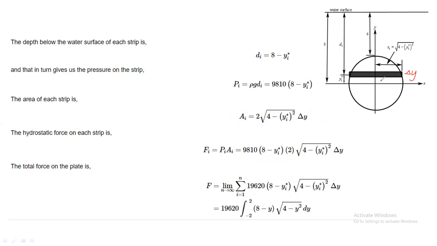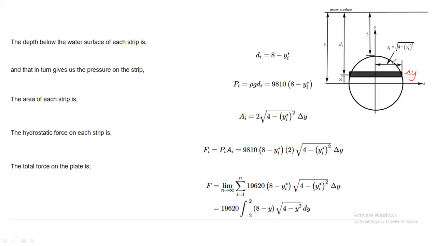Now the area, this is the area of the strip. So what's the area of the strip? It's twice the square root of 4 minus y sub I asterisk squared. Now question, how did this particular thing come about? The square root of 4 minus y sub I asterisk squared.